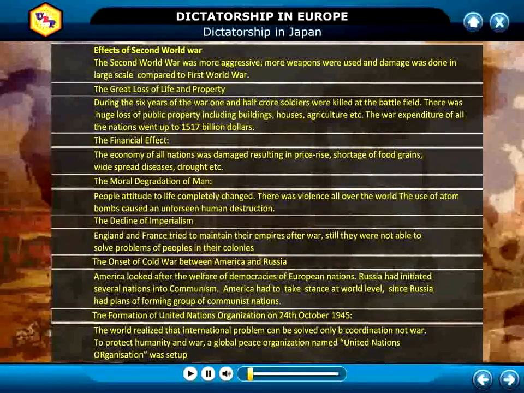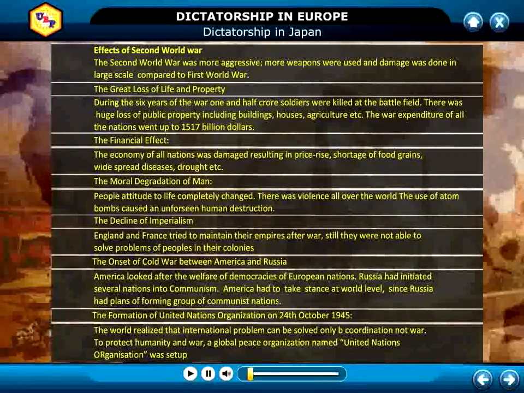There was huge loss of public property, including buildings, houses, agriculture, etc. The war expenditure of all the nations went up to $1,517 billion. The financial effect: the economy of all nations was damaged, resulting in price rise, shortage of food grains, widespread diseases, drought, etc.